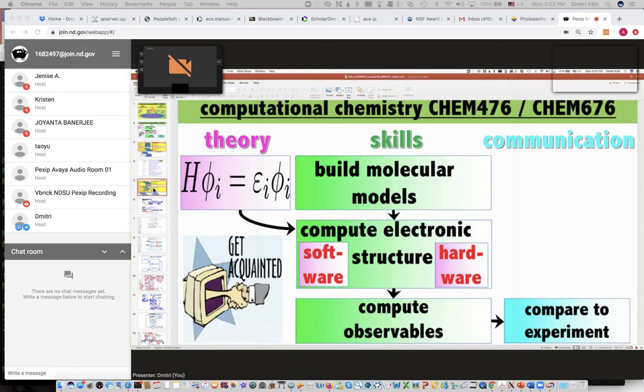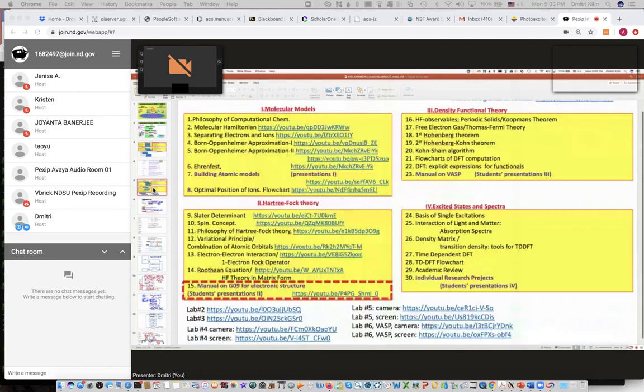The plan: we are starting the next chapter, density functional theory. The meeting today will, as usual, have some theory background materials, and it will be in some sense a transitional meeting from Hartree-Fock to DFT.